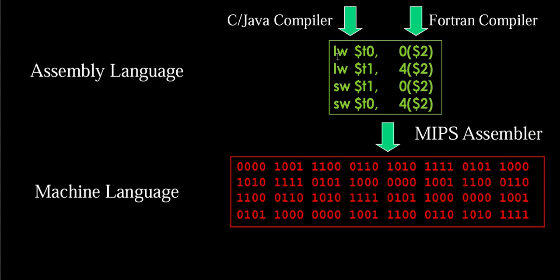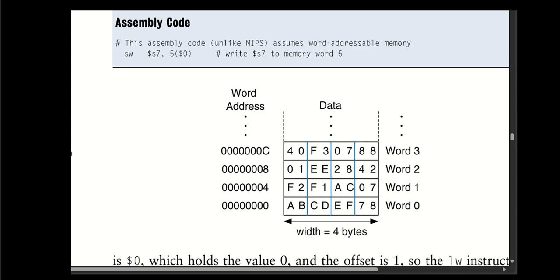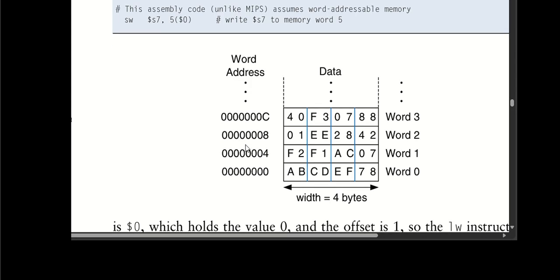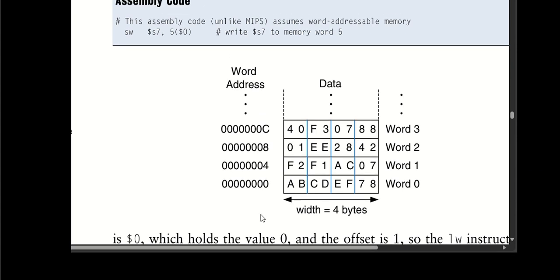But just know that each line here is actually in machine language represented as a bunch of zeros and ones, which you should know about. So just in case you are interested in viewing the MIPS memory architecture, here it is.